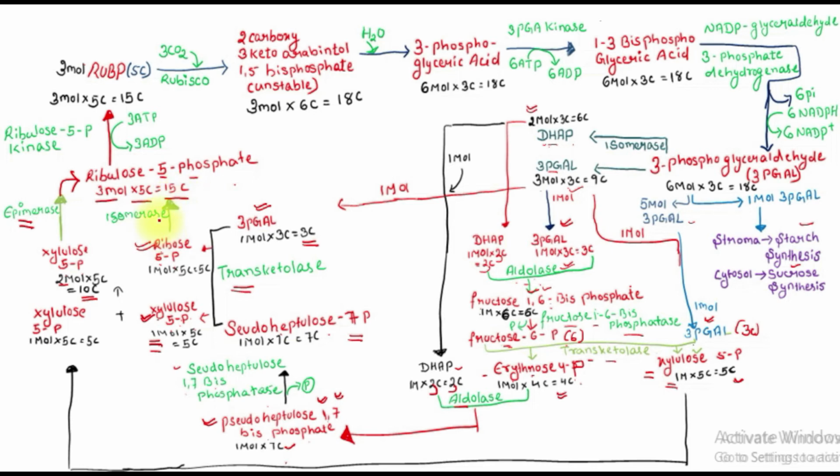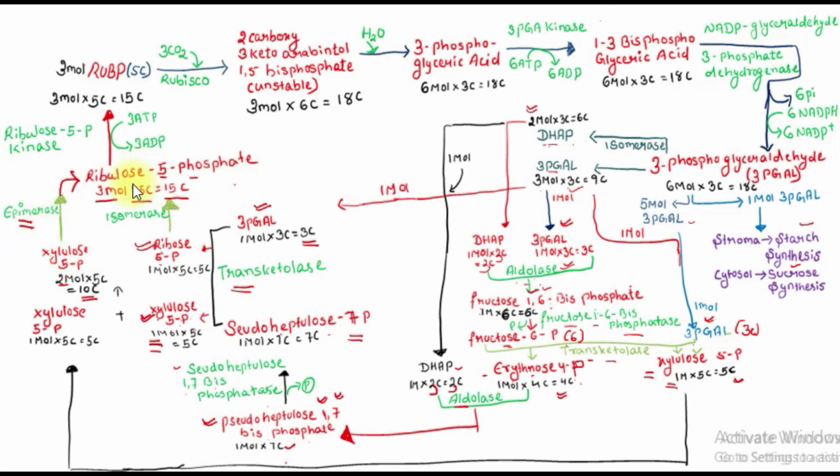Okay. So what do we have to regenerate? We have to regenerate RuBP, which is also known as ribulose bisphosphate. So we have got here ribulose 5-phosphate, but we need ribulose bisphosphate, because ribulose bisphosphate, RuBP, is also a 5-carbon containing compound and it is responsible for fixing the carbon, or accepting the carbon dioxide for the fixation.